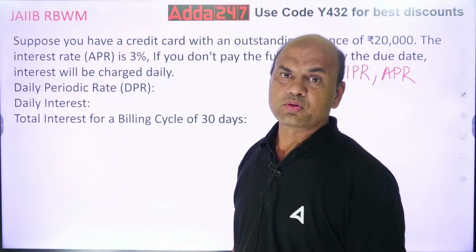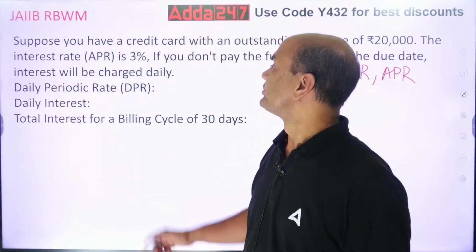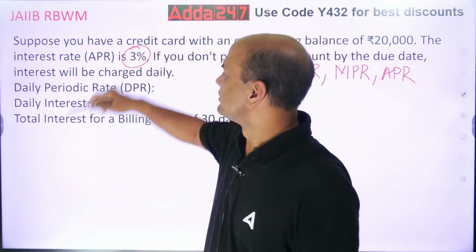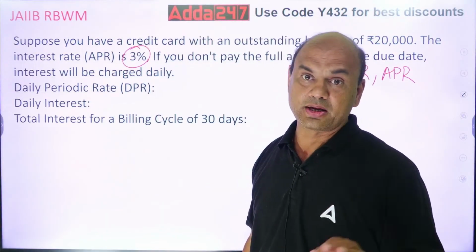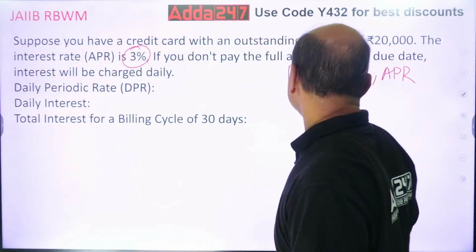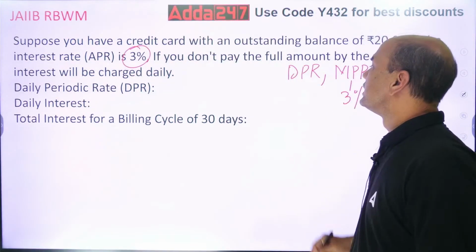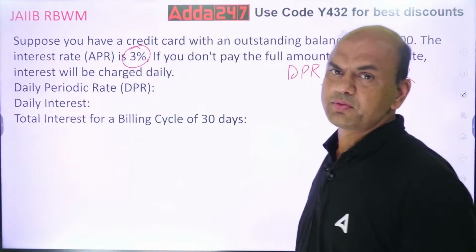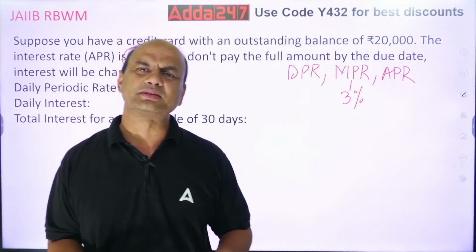So how do we find this? See, 3% is given to you. This 3% given to you is the monthly rate, MPR. Now I want to find out the DPR. It's a simple method, simple interest calculation.